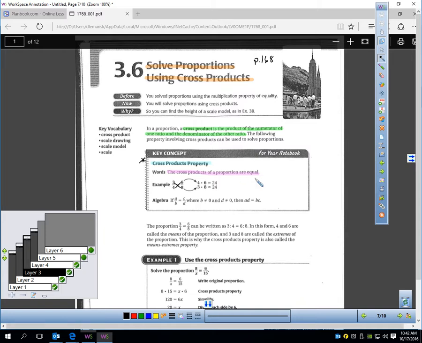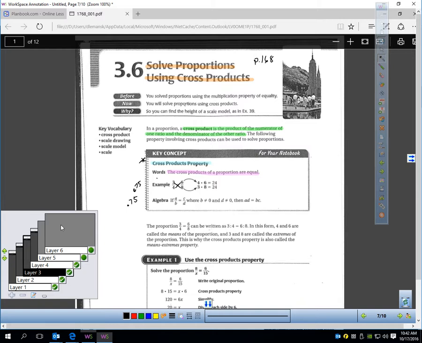So when you have a proportion that's true, if you take the cross products and multiply, you ought to get equal amounts. Here would be an example in the book. The fraction 3/4 is equal to 6/8. If you take 3/4 in your calculator, you'll get 0.75. Maybe I should write that down off to the side. And if you take the fraction 6/8, 6 divided by 8, you get 0.75 again.